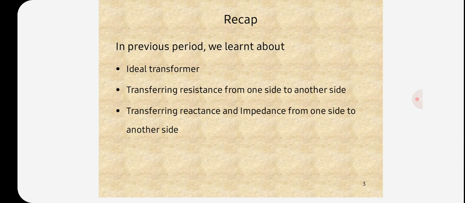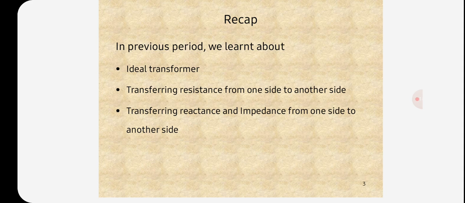So actually, what is an ideal transformer? An ideal transformer is one that has no winding resistance, no leakage flux, and no copper and iron losses. In other words, an ideal transformer consists of two purely inductive coils wound on a loss free core.